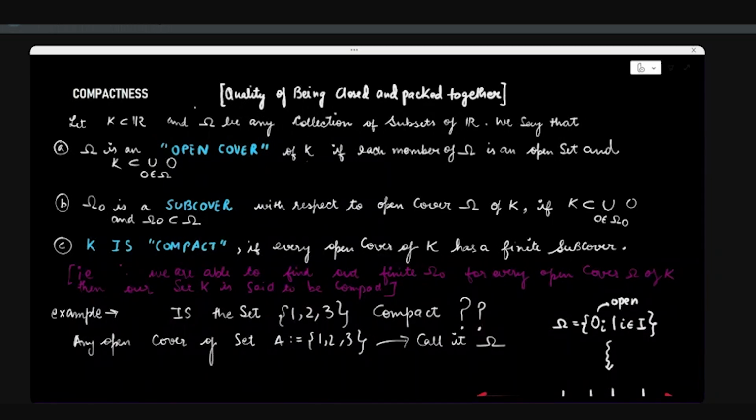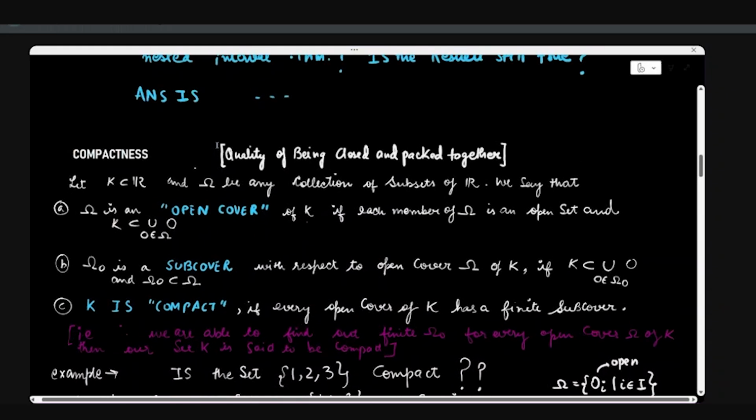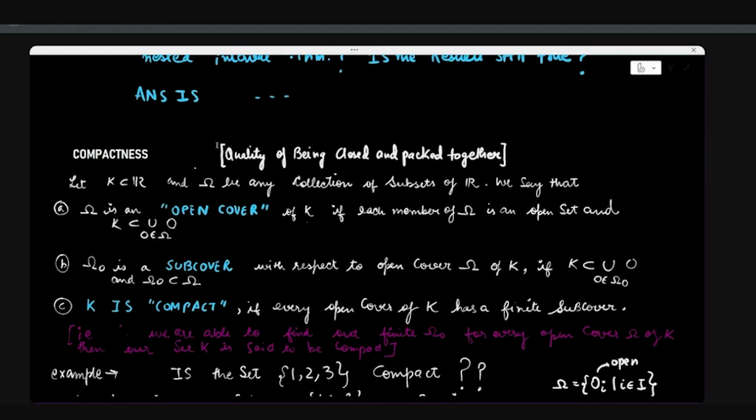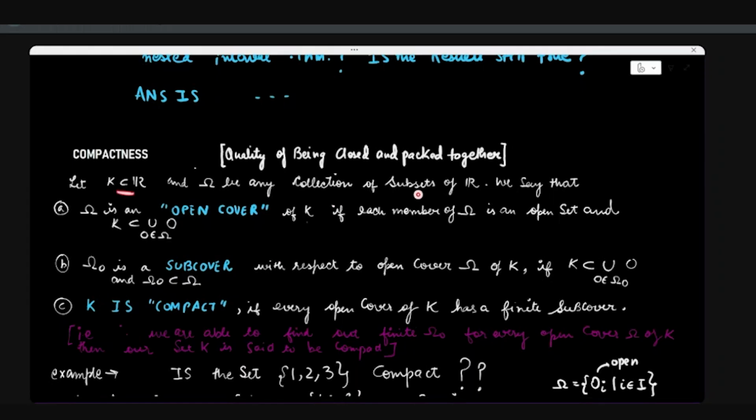Now these are some definitions from which we can take the intuition from this vague idea of putting something in a box. Let K be a subset of the reals, and let omega be any collection of subsets of the reals.